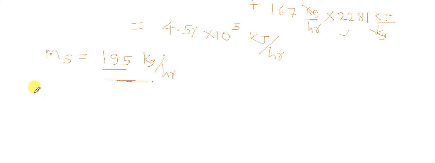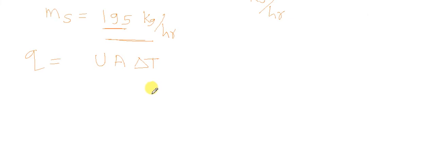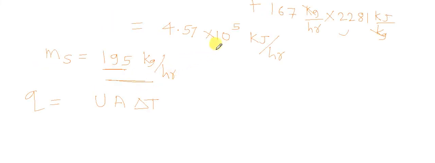evaporator. And what is the design equation of evaporator? That Q, that is the rate of heat transfer, is equal to U A delta T. Okay, U A delta T. Now the important thing is that the rate of heat transfer is this much value. So I just write down this value, rate of heat transfer 4.57 into 10 raised to 5, unit kilojoule per hour.